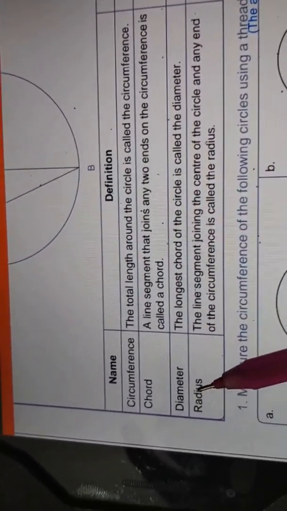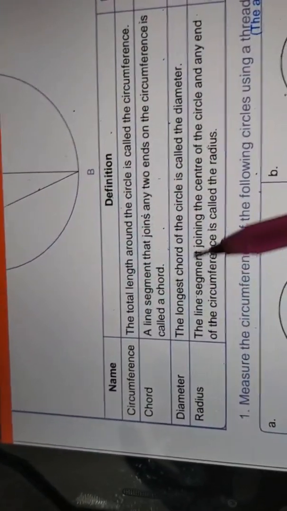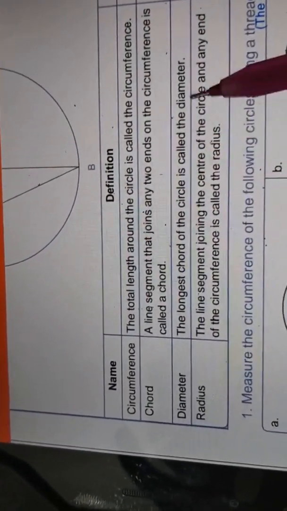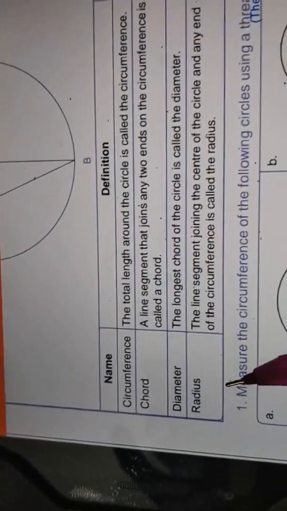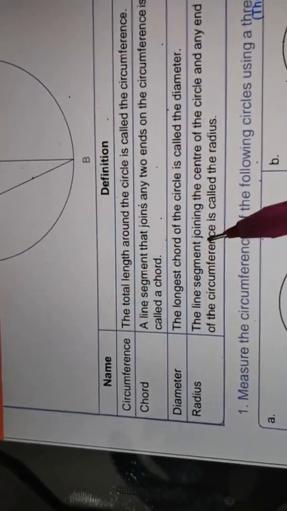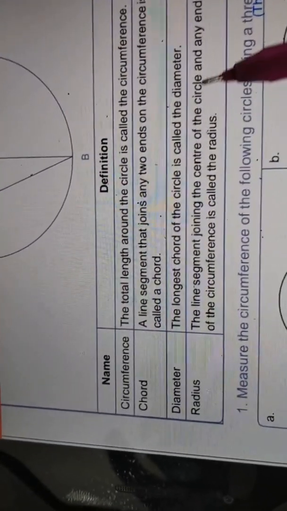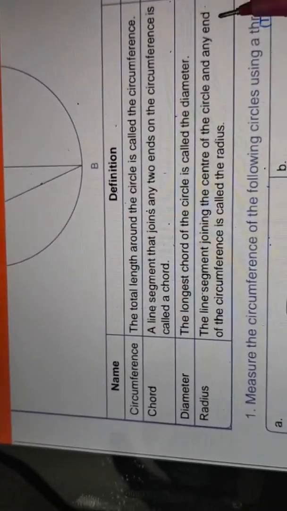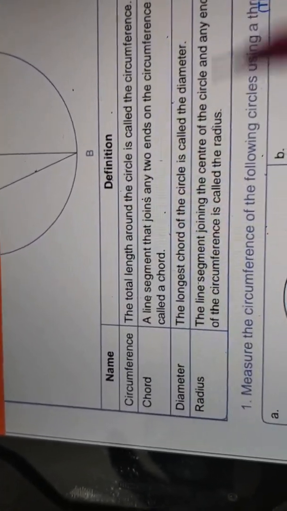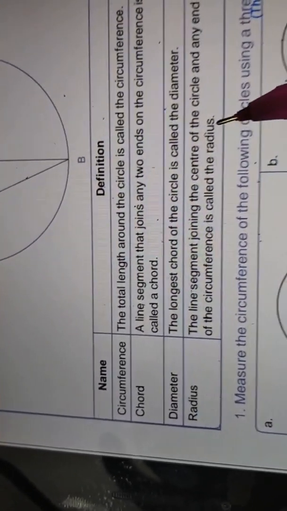Then diameter, what is the diameter? The longest chord of the circle is called the diameter. Radius, what is the radius? The line segment joining the center of the circle and any point on the surface is called the radius. So now students, I'll give you 1 minute. You have to write this in your maths notebook.